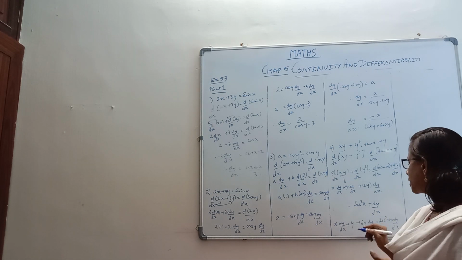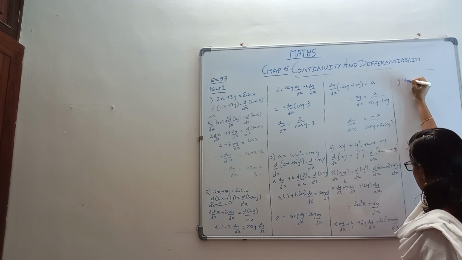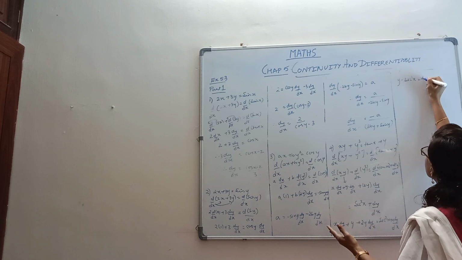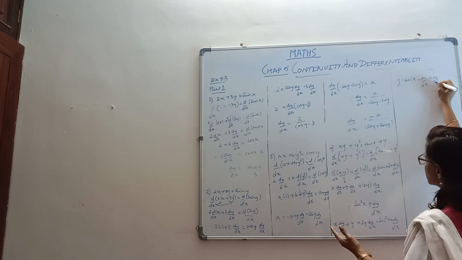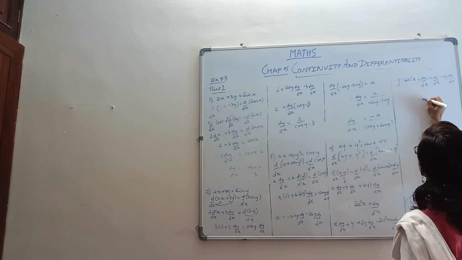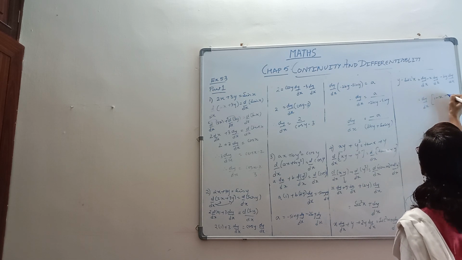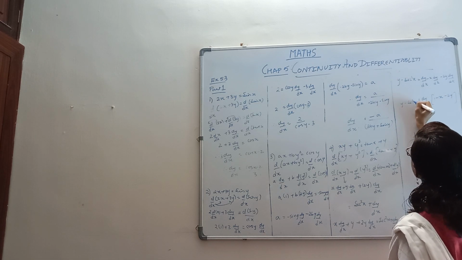So let's have the dy by dx terms on one side. You will have y minus sec squared x. We're bringing the sec squared x to this side. dy by dx is already there here, minus x dy by dx and minus 2y dy by dx. So let's take the dy by dx common. You have 1 minus x minus 2y, and this is y minus sec squared x.